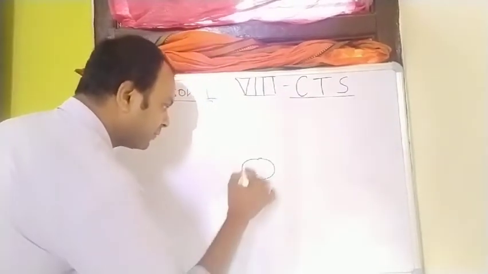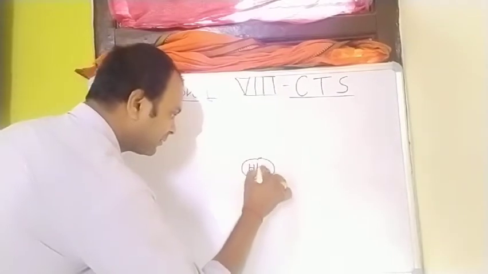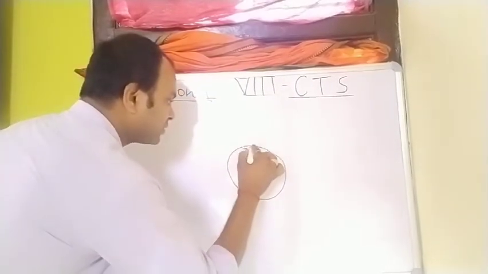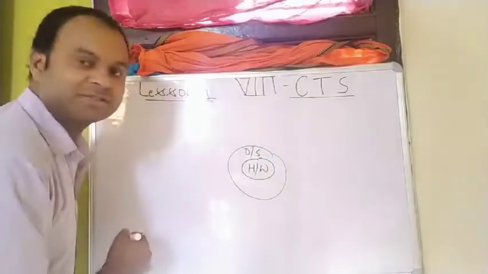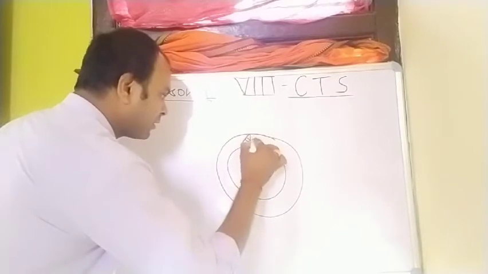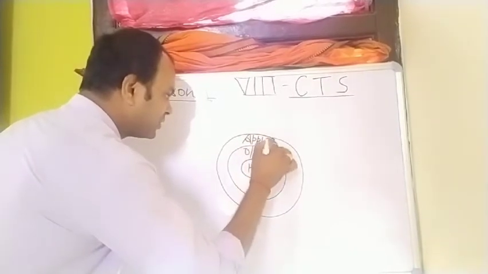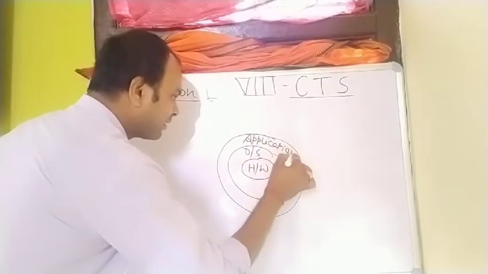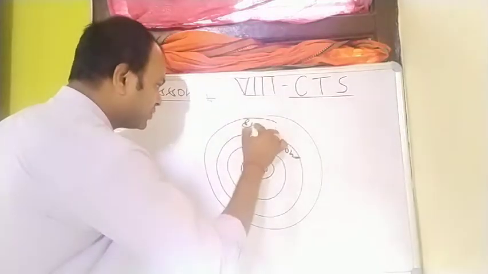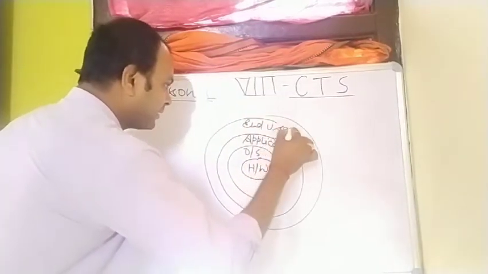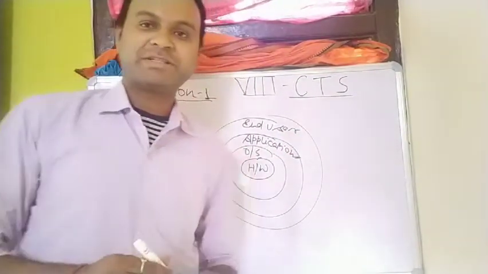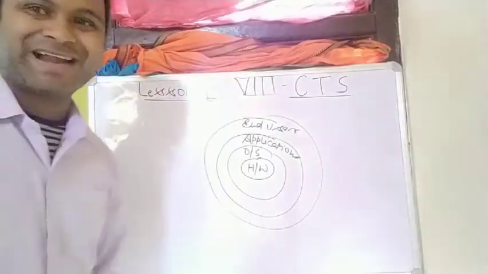At last comes hardware, then comes the operating system (OS), and then comes applications, and then we have the end user. So this is how your computer operating system and whole computer system are organized.